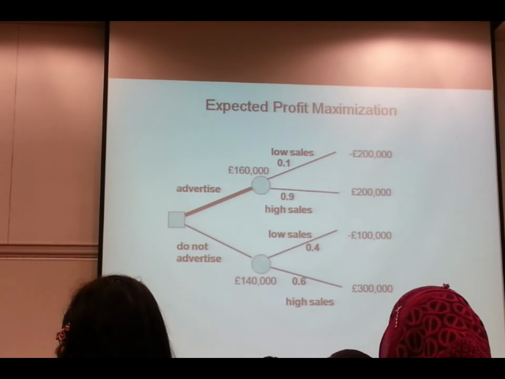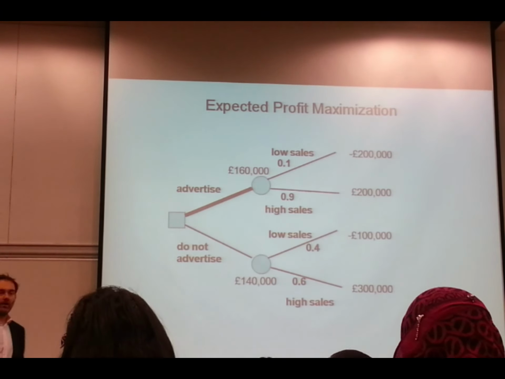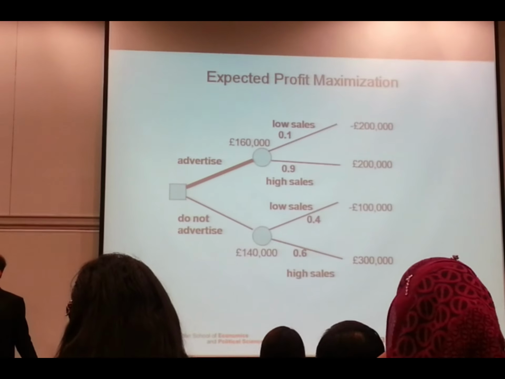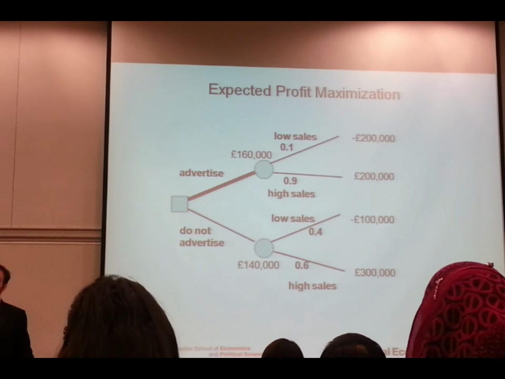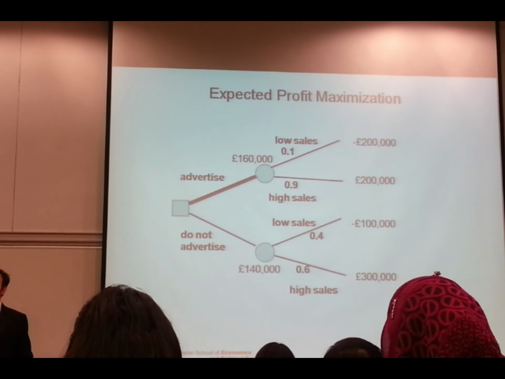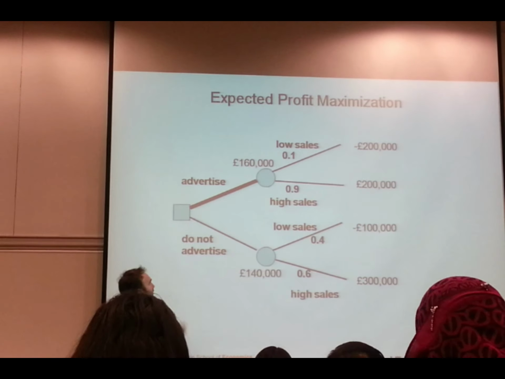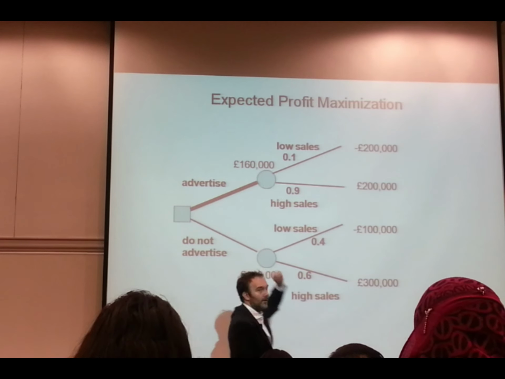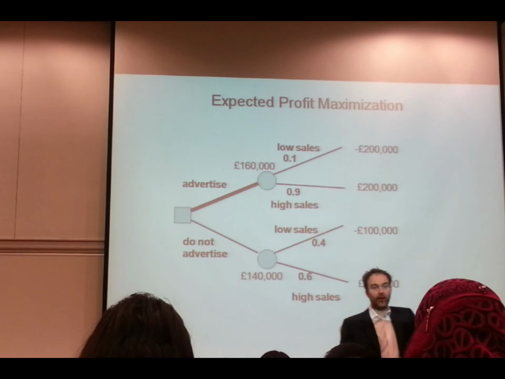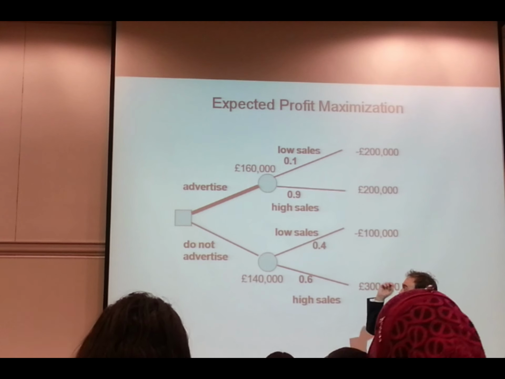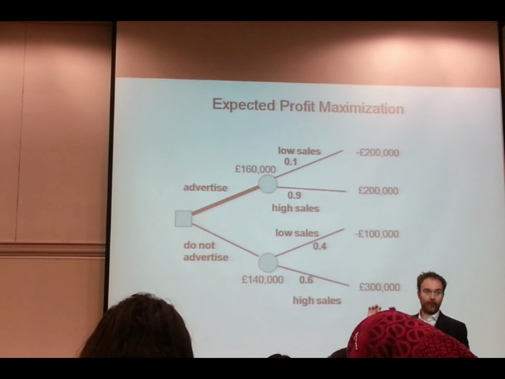That's not right, because this is not the decision of the decision maker, right? I do not choose to get this. I choose to advertise or not to advertise. So I cannot decide that there's going to be high sales. That means that I can only ever double mark, I can only ever put the advertising in bold, if I want to indicate that this is what the manager is doing.